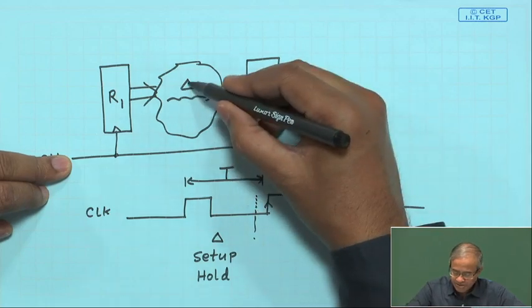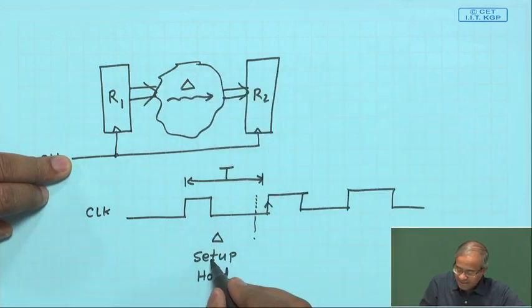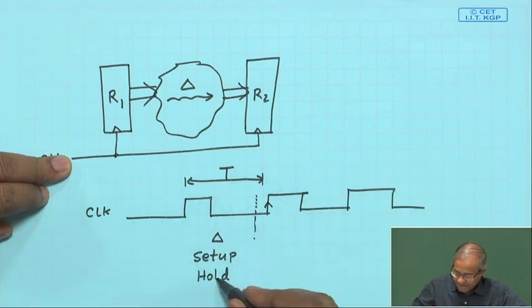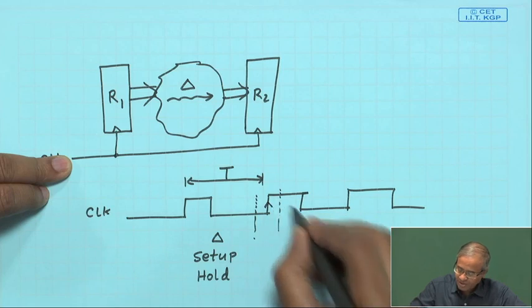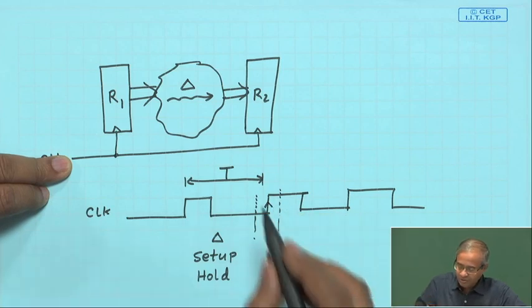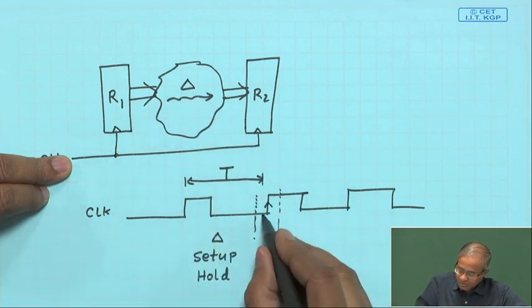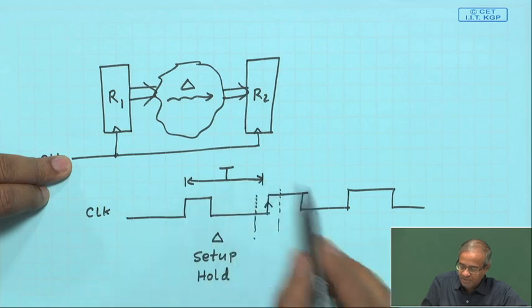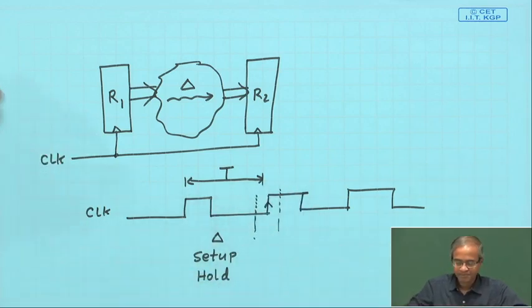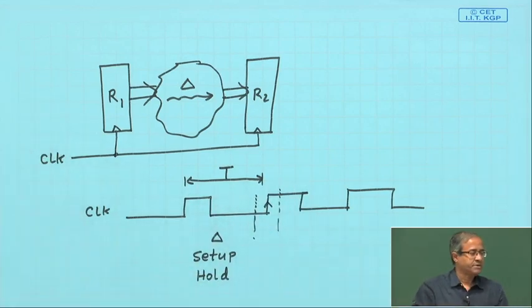So, not only delta, I must add the setup time to the total capital T. And the hold requirement says that even after the clock edge comes, I must maintain the input stable for some more time. So, my total clock period should include not only delta, but also the setup and hold times. In this way, my total clock period will go up. This was the requirement.